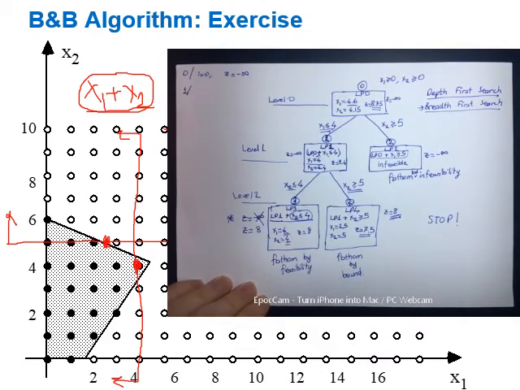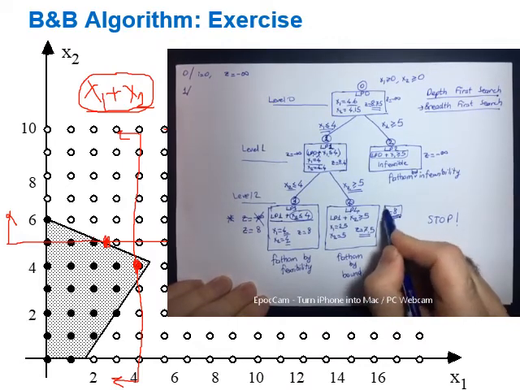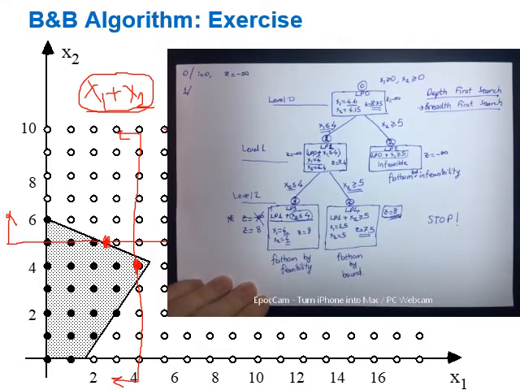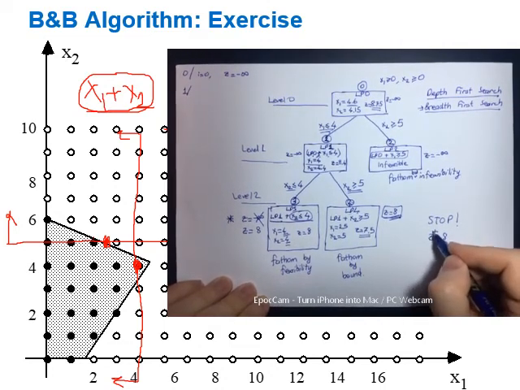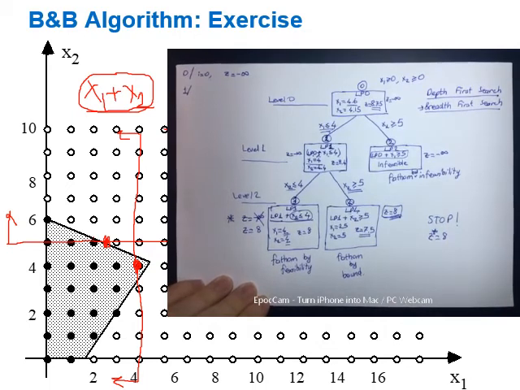The solution's objective function value is the best lower bound at the end, which is 8. This is the optimal objective function value. Since it's optimal, I'm putting a star here. But what is the solution? What is the value of x1 and what's the value of x2?